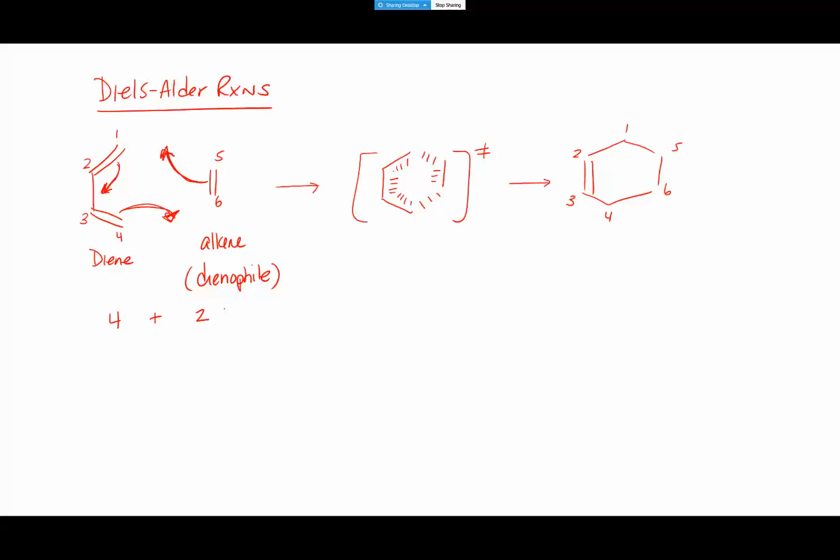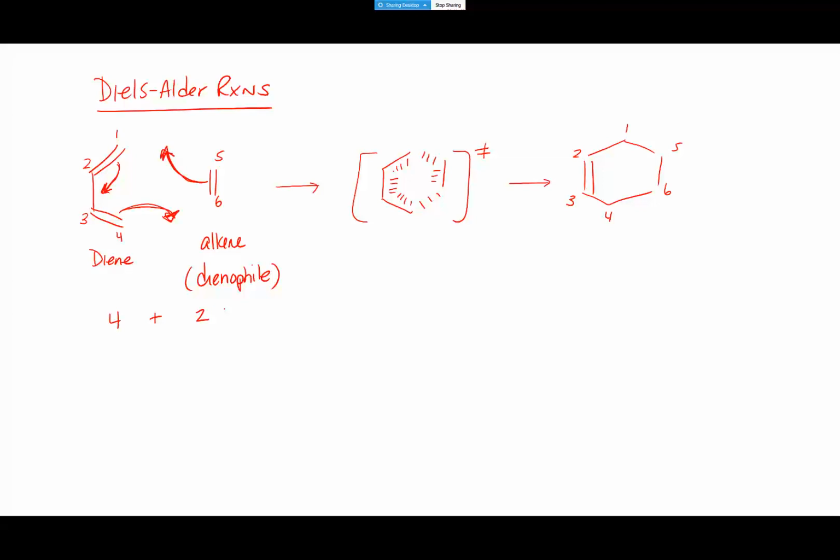There's also 2 plus 2. There are some other ones that you can use light with. There are some that are forbidden, that can't happen because they're quantum mechanically forbidden. So this is just the example of a 4 plus 2.